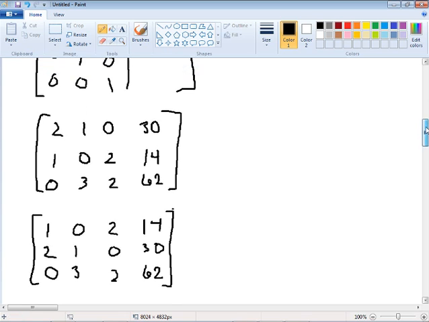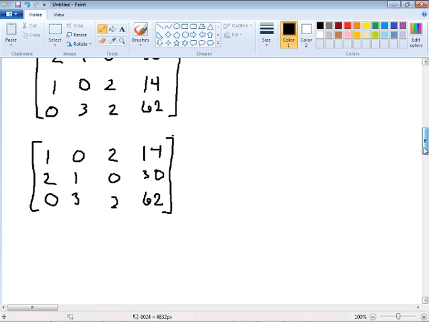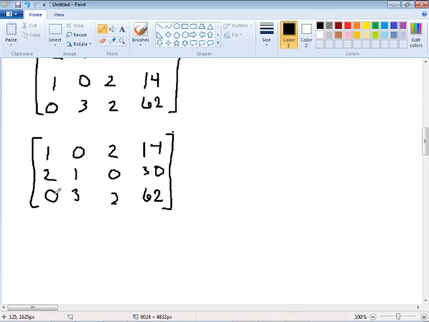Okay. So you go back up and we look at what we're looking for, 1, 0, 0. Well, we can see that we're almost there. We have a 1, a 2, and a 0. So now what we do is we start multiplying and adding rows to each other. So I'm going to take this second row, and I'm going to call it row 2, and I'm going to add this row.